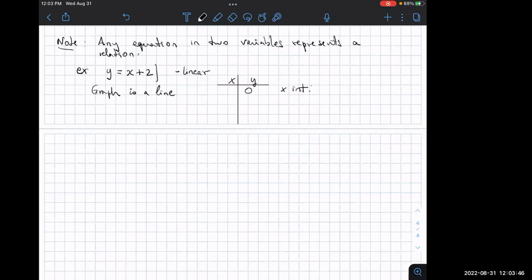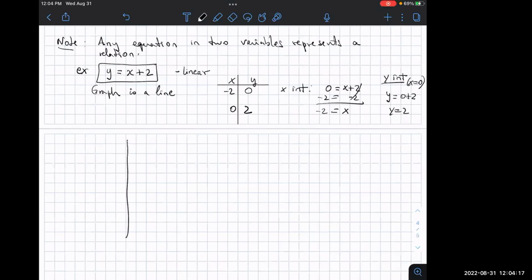So then I go to my equation. You put 0 for y, 0 equals x plus 2. You solve for x. So then I get x equals -2. And then you go and find the y-intercept. You set x equals 0. So then y equals x plus 2 becomes y equals 0 plus 2. So y equals 2. So 0, 2.